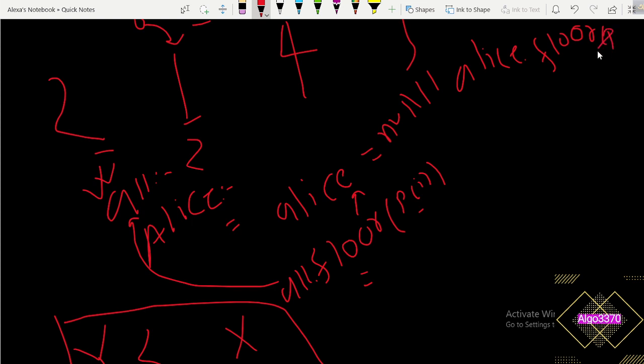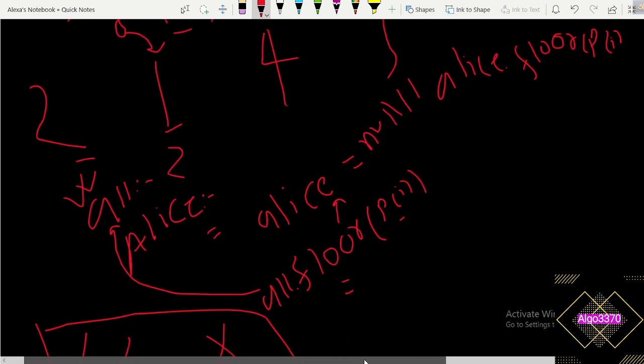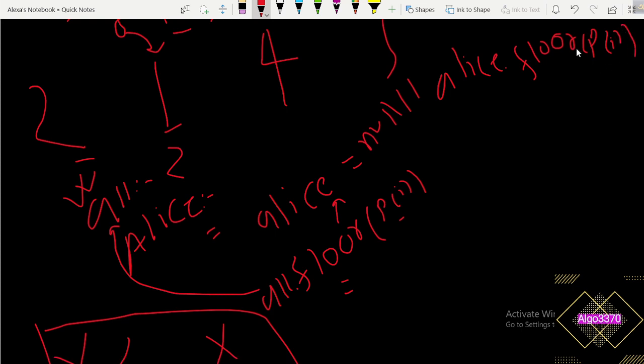So Alice dot floor p of i will compare the minimum value with p of i present in the Alice list or not, because we start our iteration from left to right.